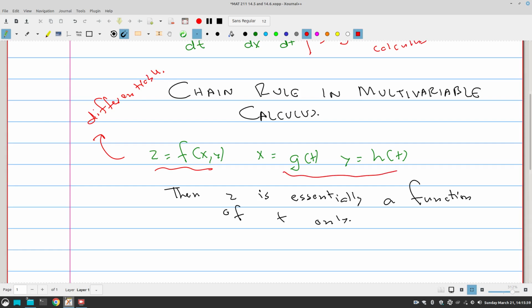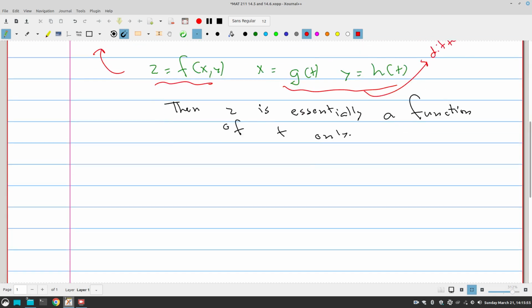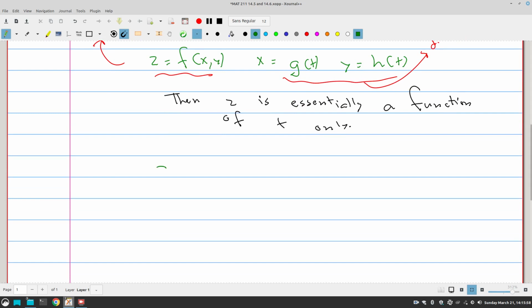These guys are also differentiable. Okay, so if that is the case, then if you want dz over dt, this equals partial z over partial x times dx over dt plus partial z over partial y times dy over dt.